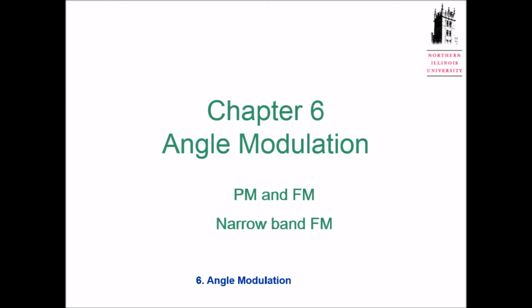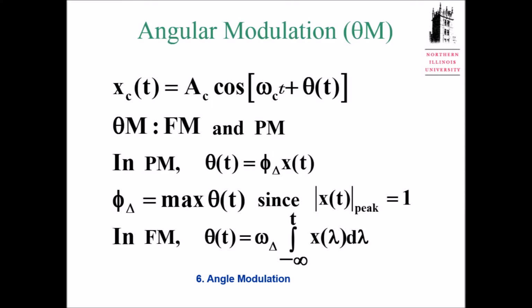Okay. So last chapter we talked about changing amplitude. We mentioned amplitude is controlled by your message for AM. For FM and PM, we change frequency or phase. This is the equation we used before.